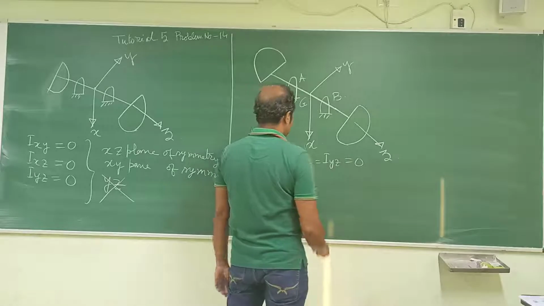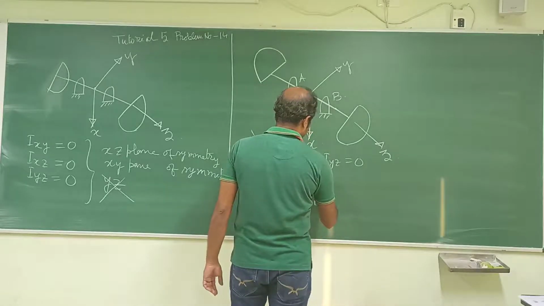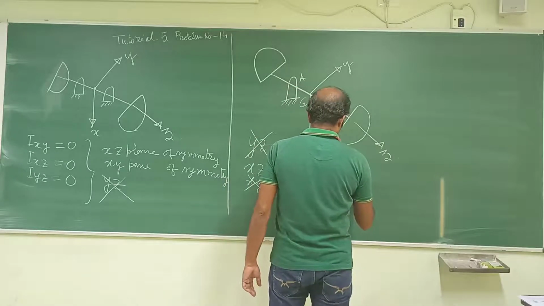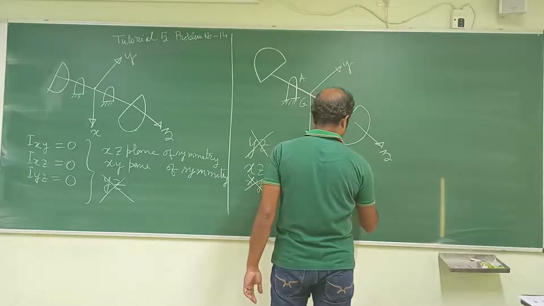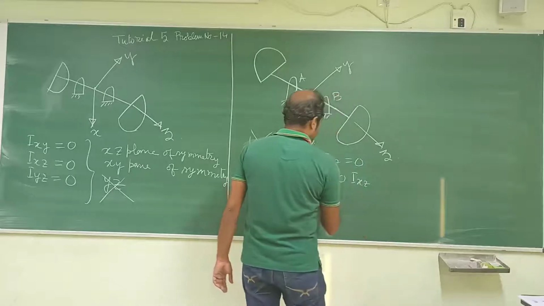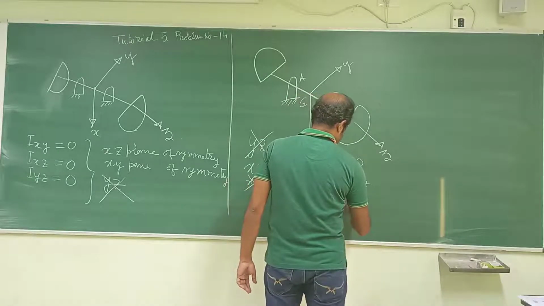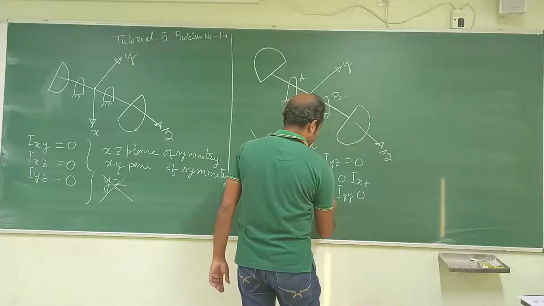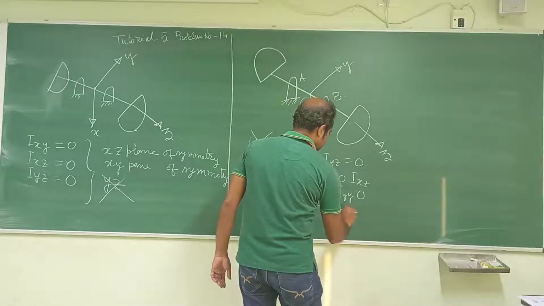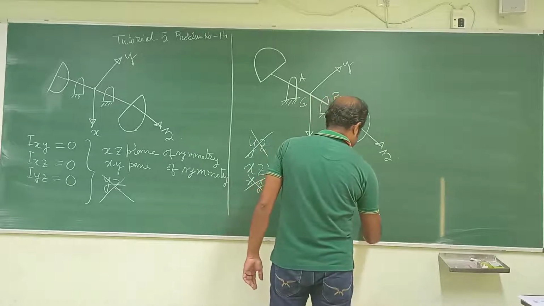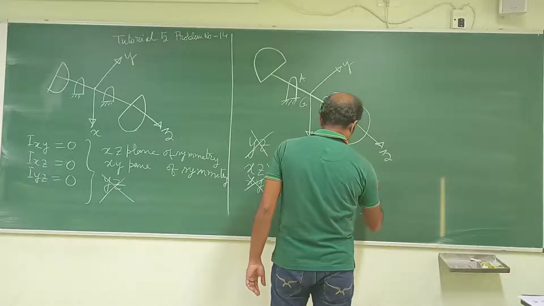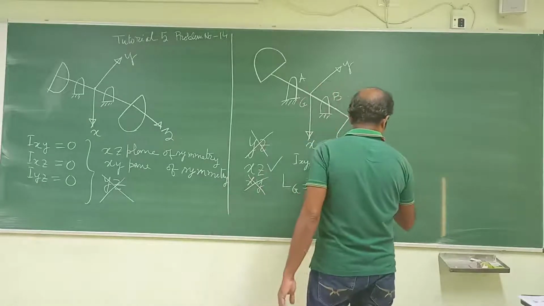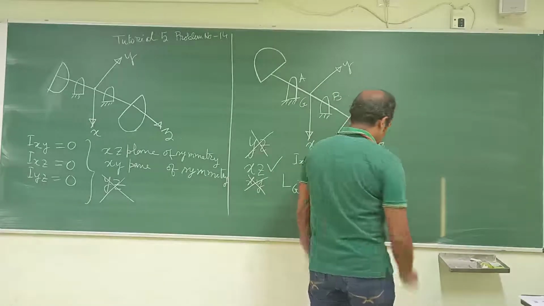LG is going to be the matrix Ixx, 0, Ixz; 0, Iyy, and Iyz equal to 0; and Ixz, 0, Izz, multiplied by the vector 0, 0 and omega z.